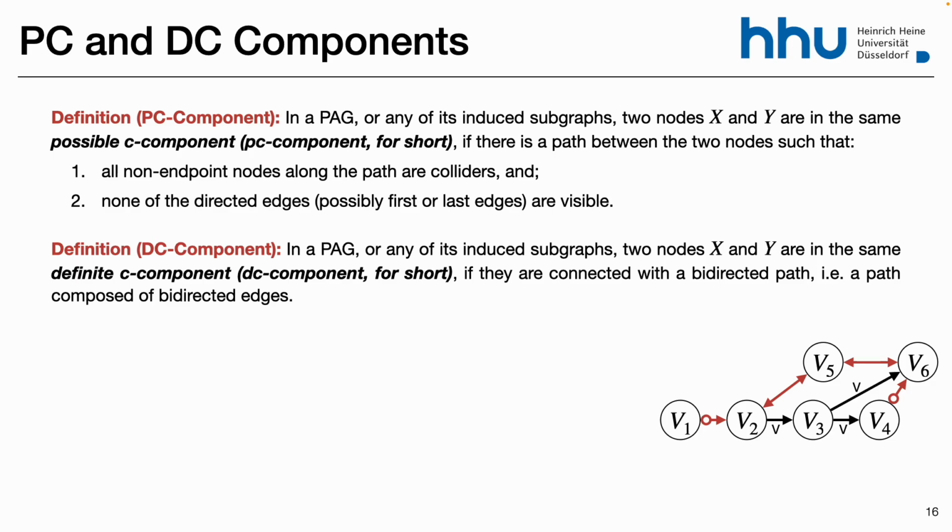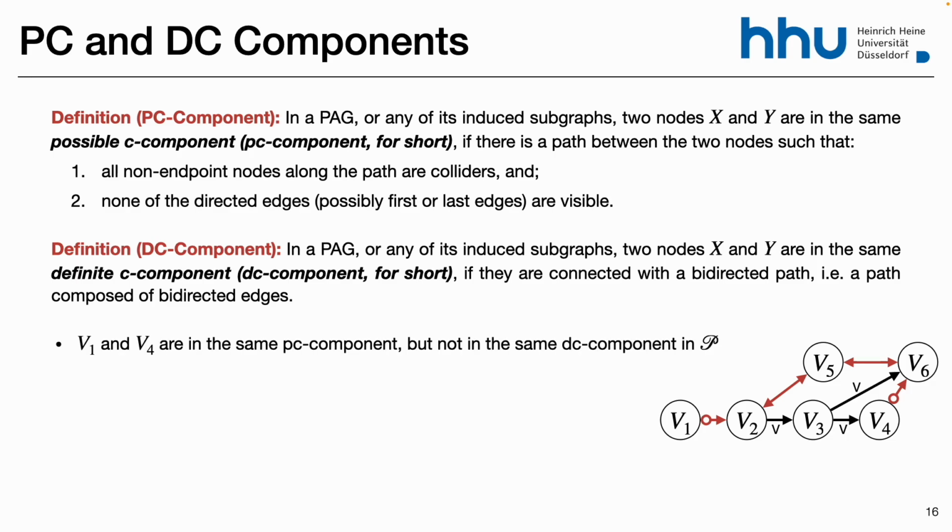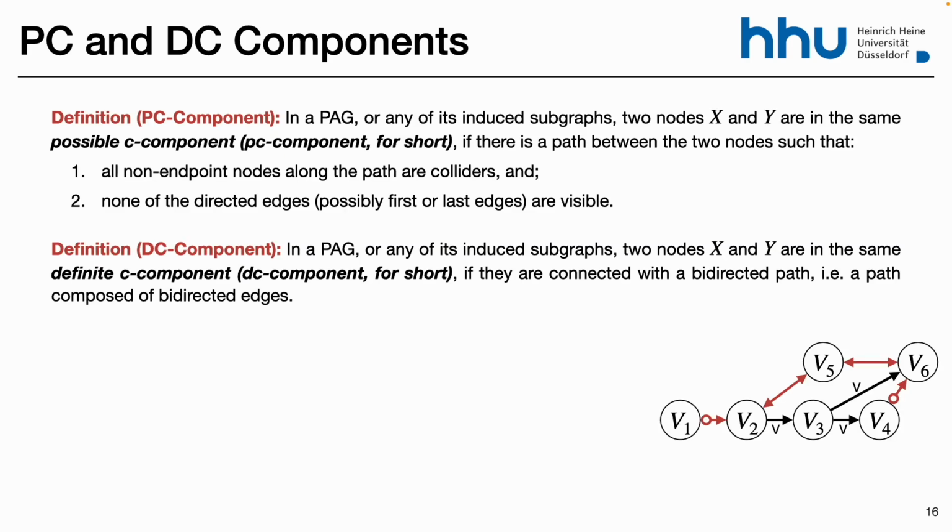Probably V1 and V4 or something? Yes, I think I'm asking, yeah, sorry. So I'm asking what is this path between V1 and V4? Is it a C component, PC component, DC component?